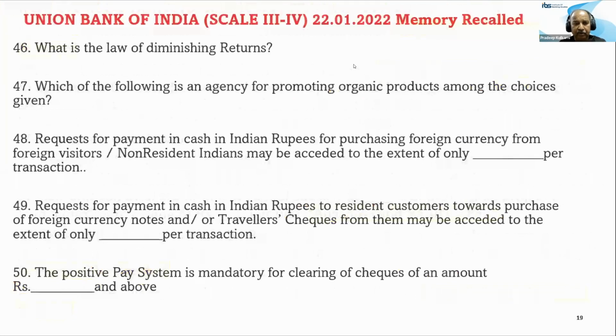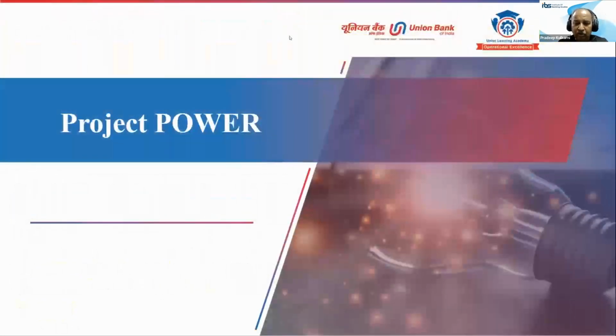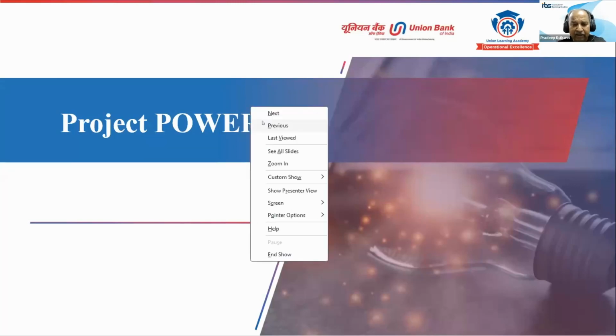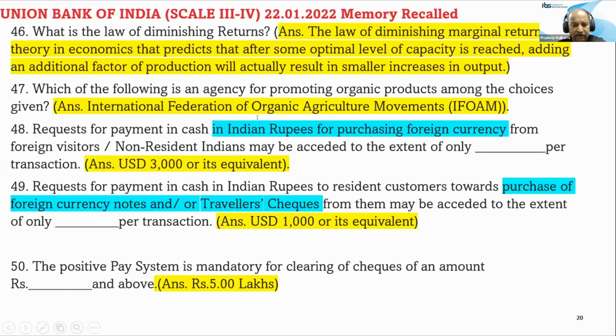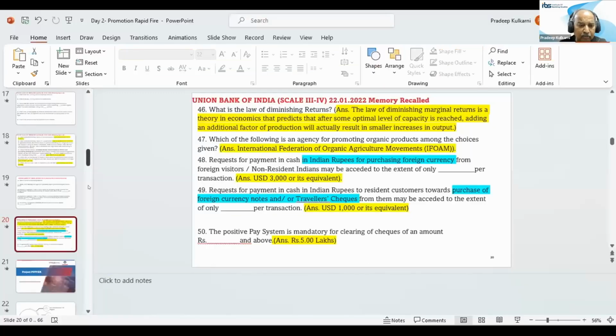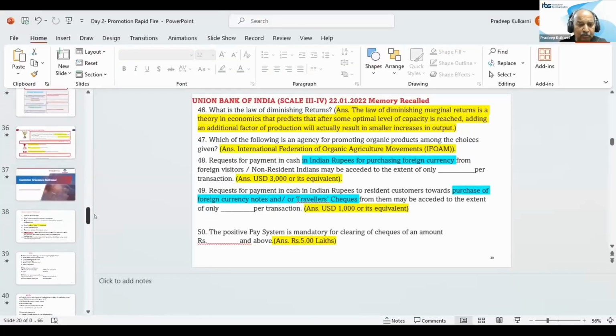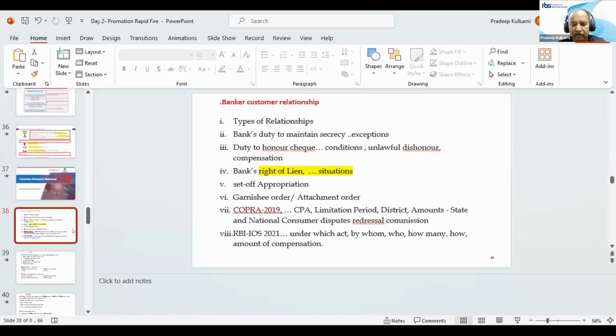So Union Power, that is Project Power. Before I discuss Project Power, let me complete the bank and the other aspects relating to that, because Project Power can be well learned by you at your own level also.